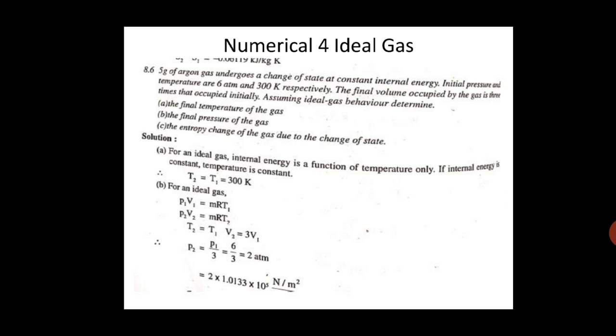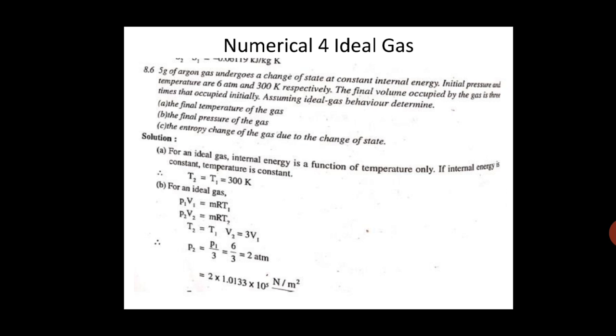That is, you will get it in newtons per meter square. So this is the final pressure. Argon is used as a shielding gas for welding and all. Because we did not calculate R in this case, the 5 kg of argon gas that was given is also not required, because the mass is the same, whether in the initial case or the final case.